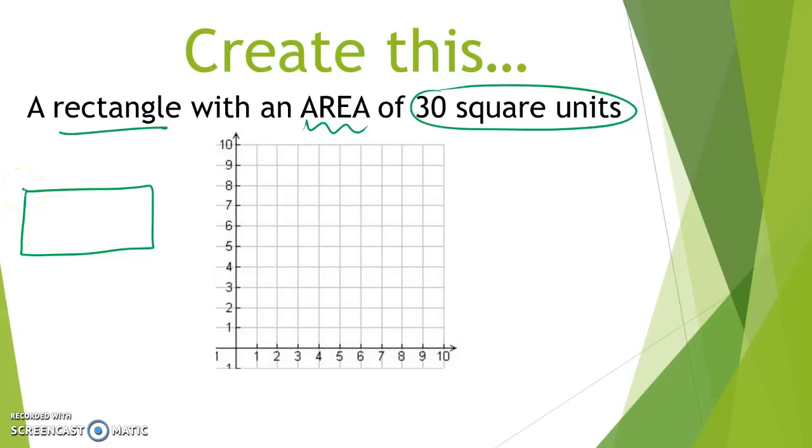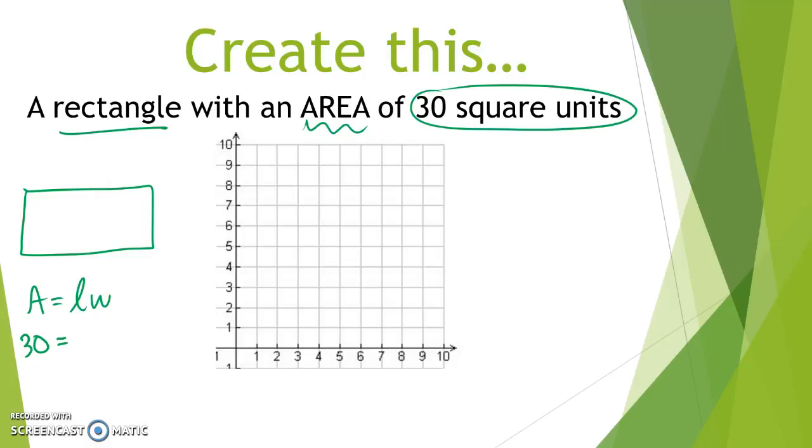We know that there's two sets of parallel sides, and those two sets of sides are different lengths. We also know that the formula for the area of a rectangle is length times width. So we have to think about, if we know that the area is 30 square units, what could the length be and what could the width be in order to draw this rectangle?